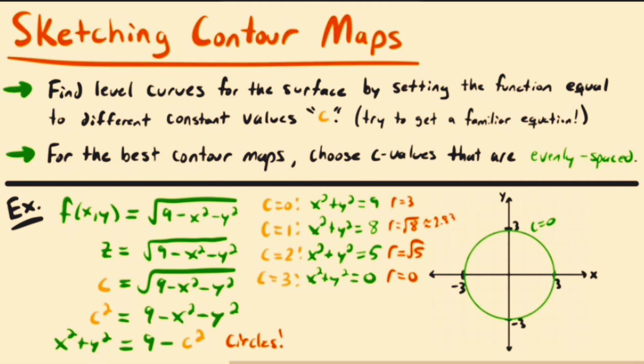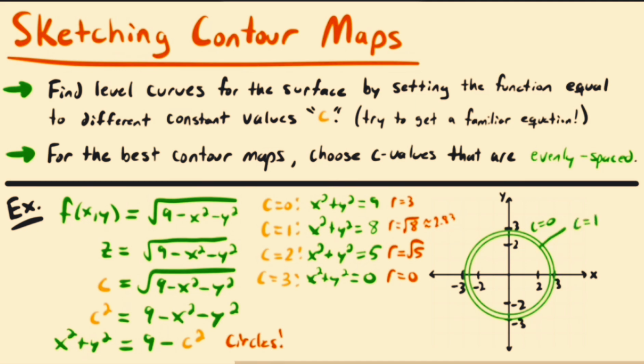And so if this is y equals 2, x equals 2, y equals negative 2, and x equals negative 2, a radius of 2.83 will get close to 3 in each direction, but not quite get there. All right, so that circle might look something like this. And so that circle would be our level curve for c equals 1.